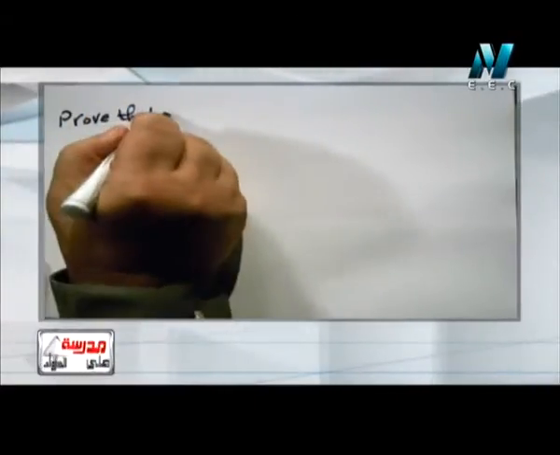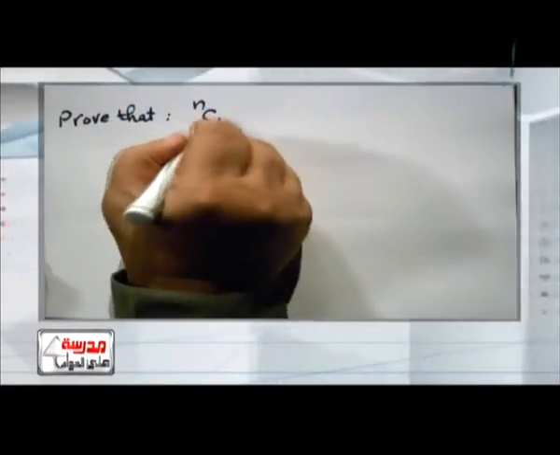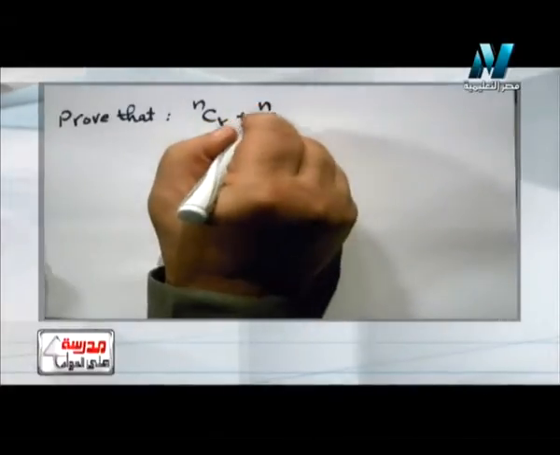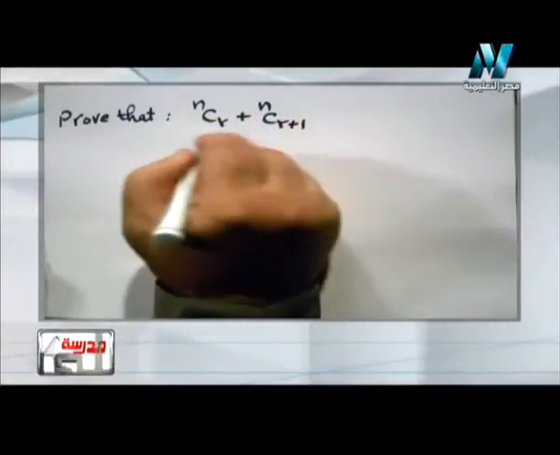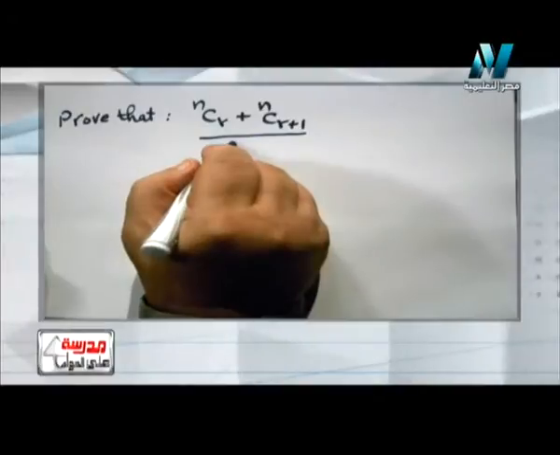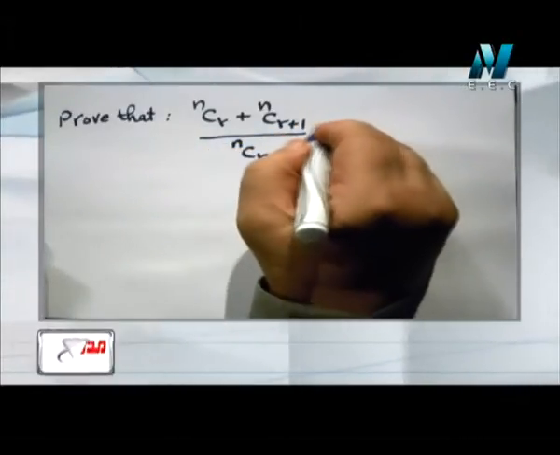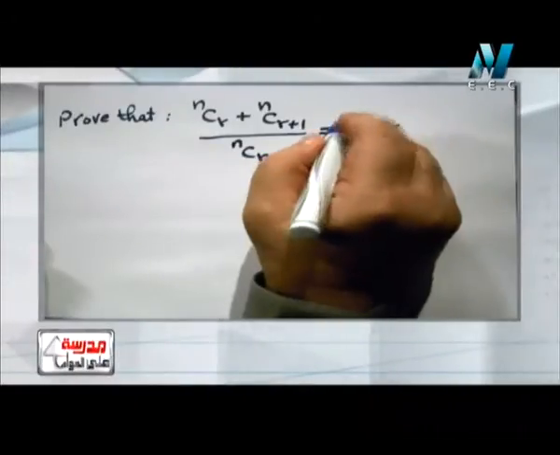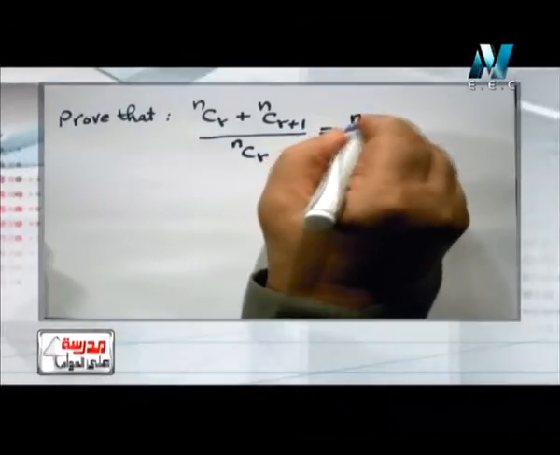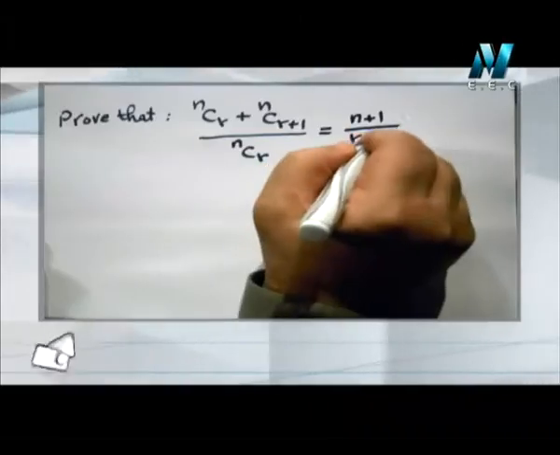The first one says: prove that nCr plus nCr+1 over nCr equals (n+1) over (r+1).